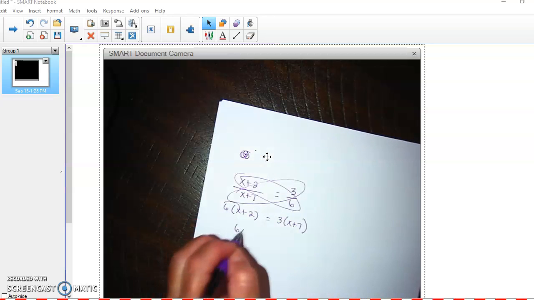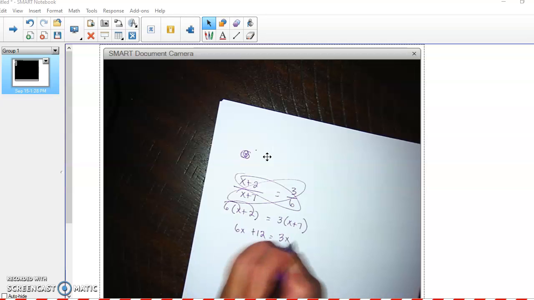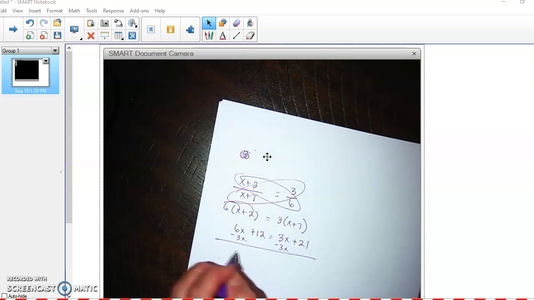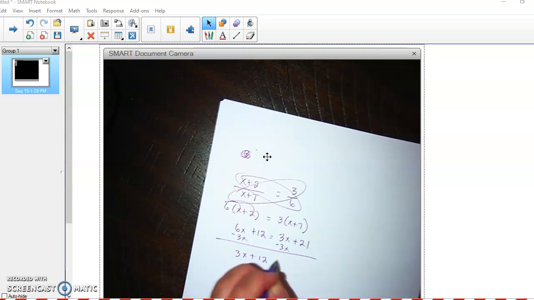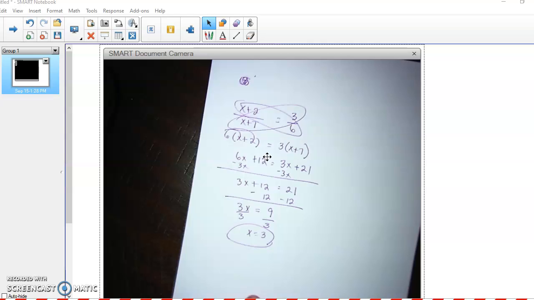Distribute. Okay. Variables on the same side, always first. Subtract 12. You get 3x equals 9. Divide by 3, and x equals 3. We can check this in Desmos when we get back.